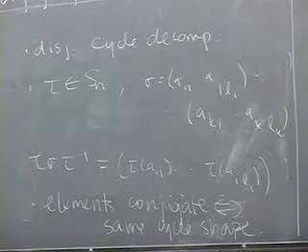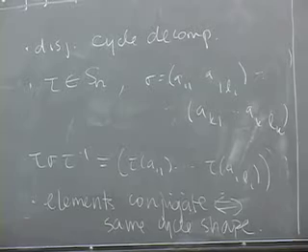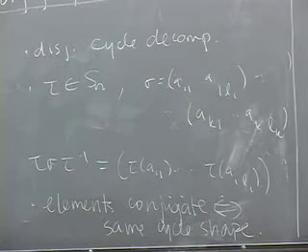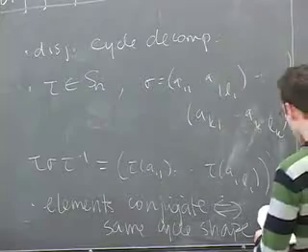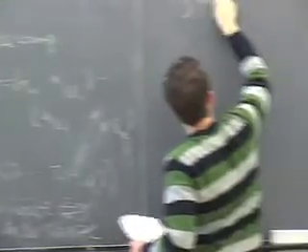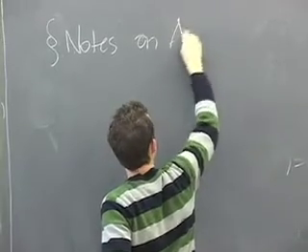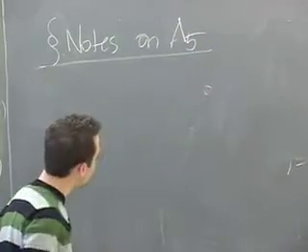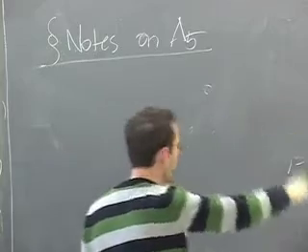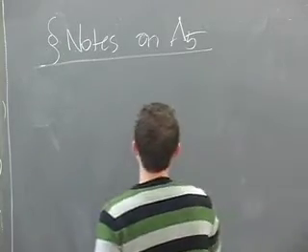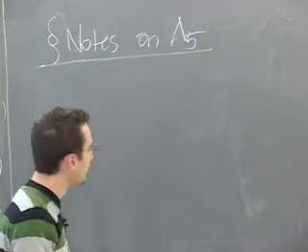So the first one is in the optional homework assignment. So here, let me just erase this and start by saying notes on A5. So the first case we're going to study that combines the Sylow theory stuff and conjugacy in Sn is, what does A5 look like?